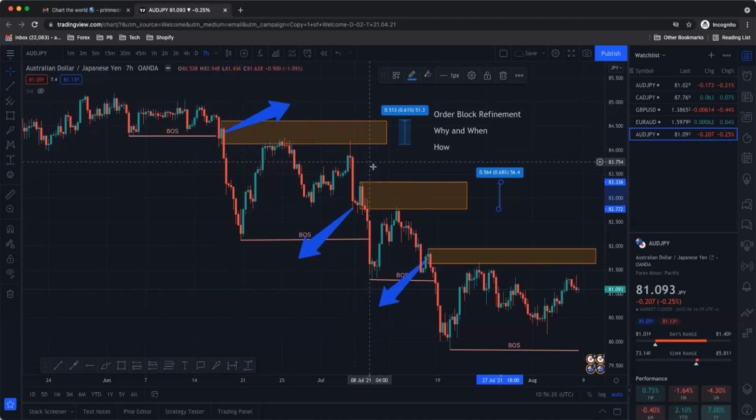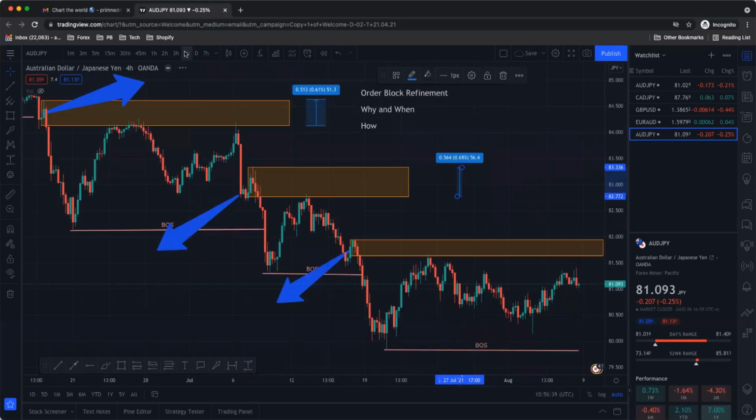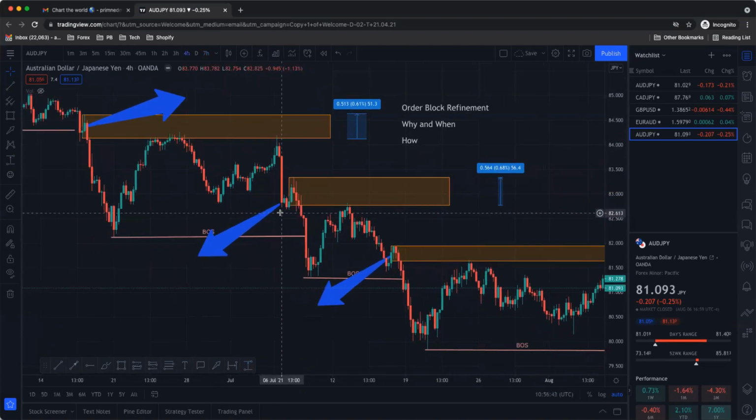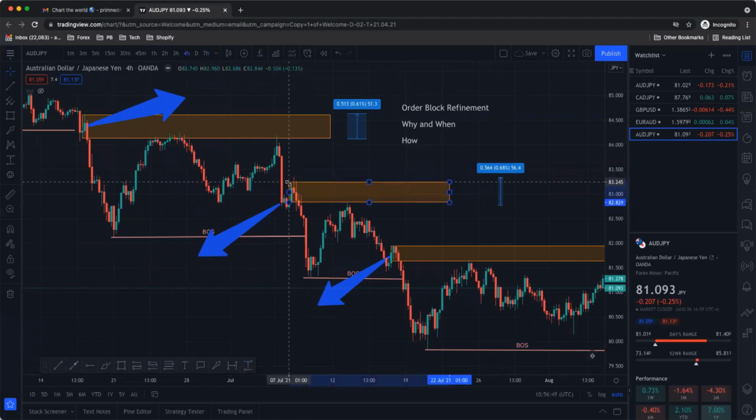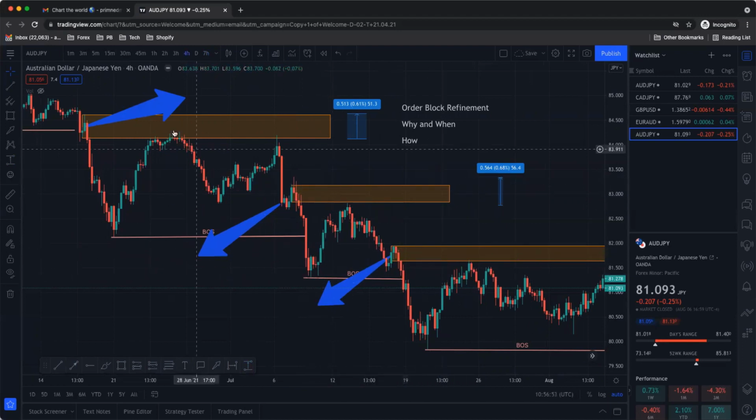In order to refine, you need to go to the lower time frame and find where the last bullish candle is which broke the structure. Let's go to the 4 hour and see. This is the last bullish candle, and then the move happens again.